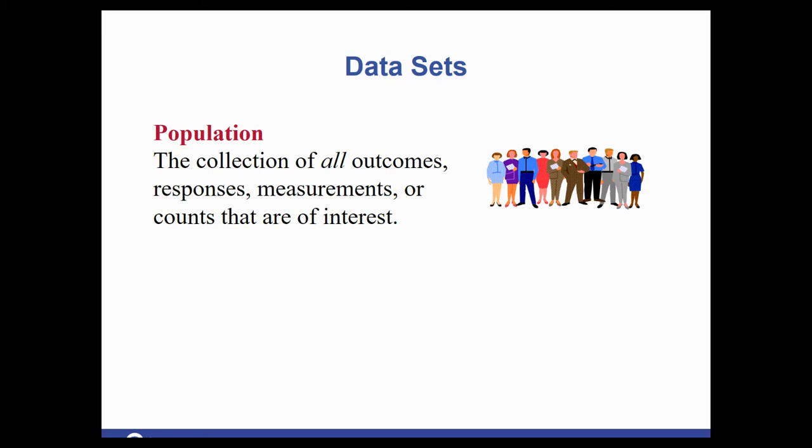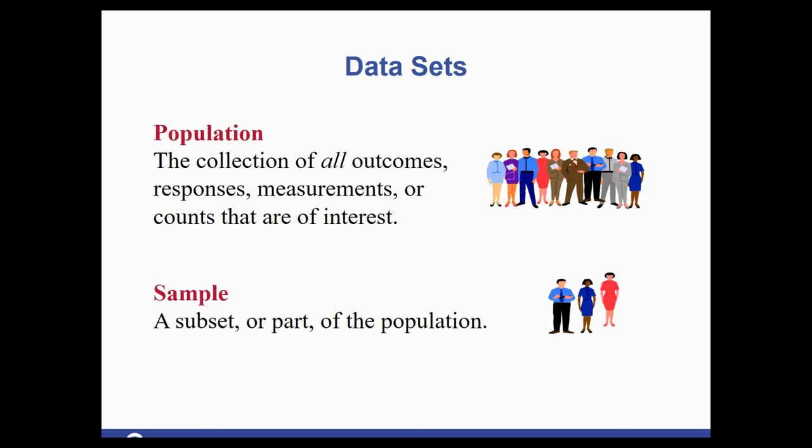So our data sets are going to be divided into 2 groups. There's a population, which is a collection of all outcomes, responses, measurements, counts that are of interest. And then there's also a sample, which is just a subset or a part of the population. So the big difference between these two is population is all and a sample is part.